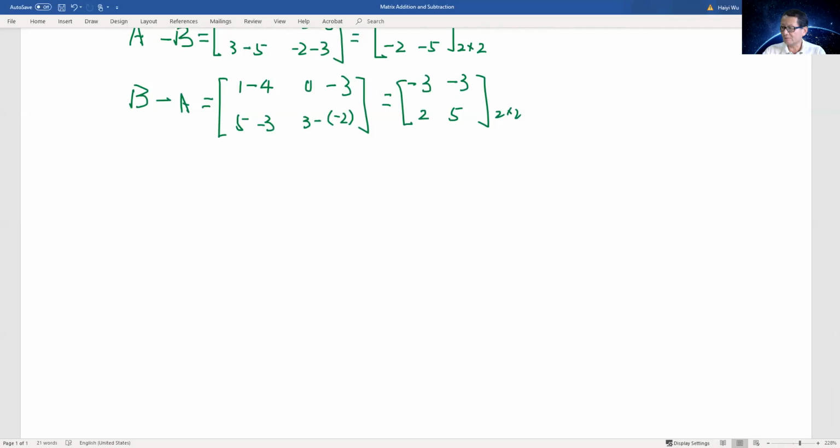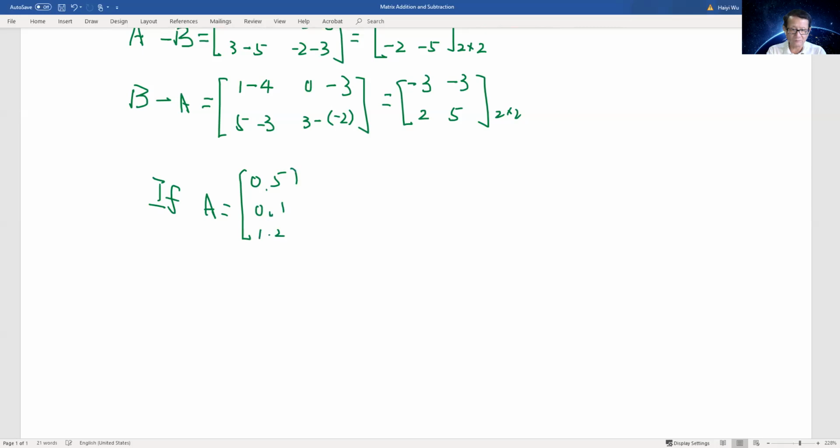Let's continue and see if we can get a slightly harder example. Let's have a look at some decimal numbers. So this is example 2. A is a column matrix, for example 0.5, 0.1, and 1.2.